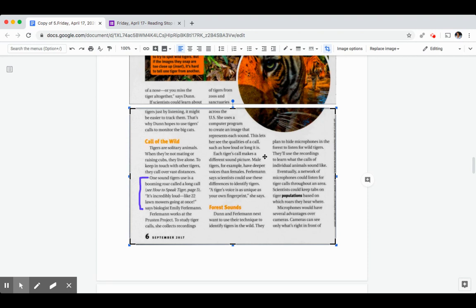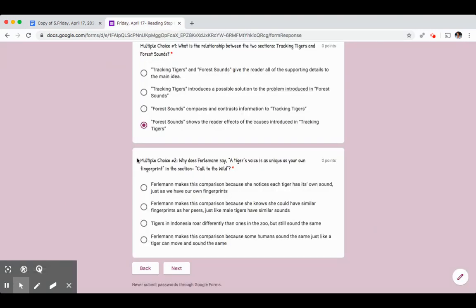So, just the way that humans can be identified using their fingerprints, because everybody's fingerprints are unique, tigers can be identified using these sound pictures, because no two tiger calls or sound pictures will be exactly the same. The answer choice that matches the thinking we just did would be answer choice A. Ferliman makes this comparison because she notices each tiger has its own sound, just as we have our own fingerprints.